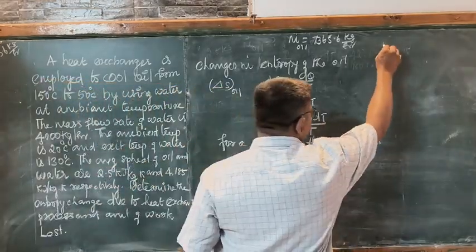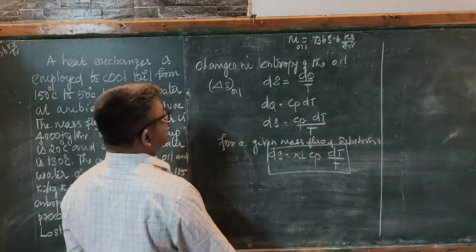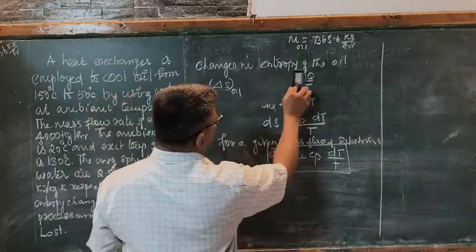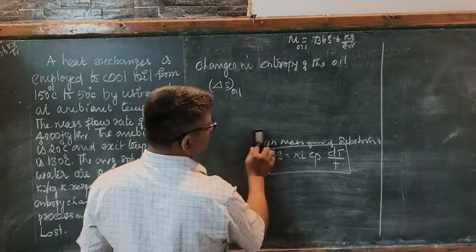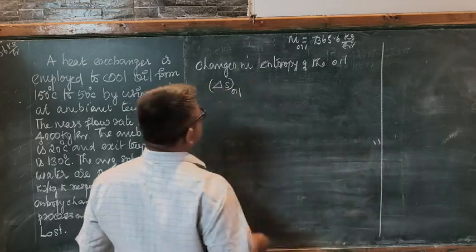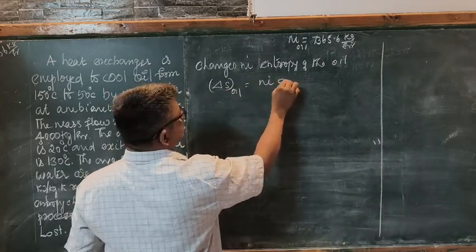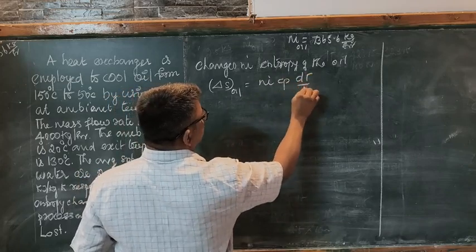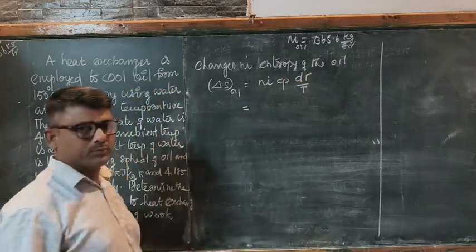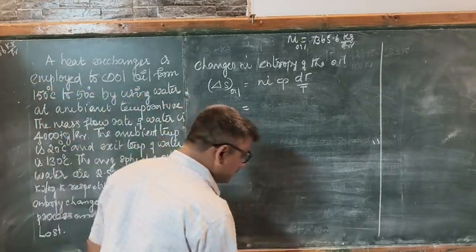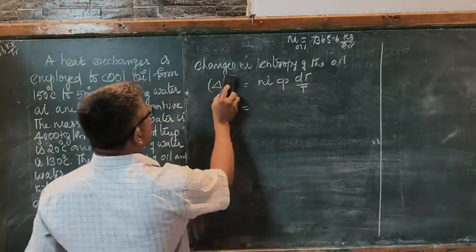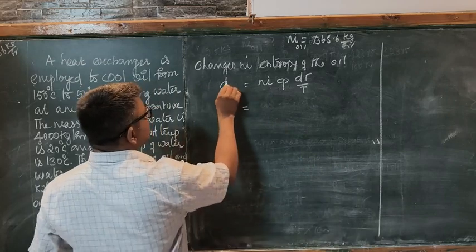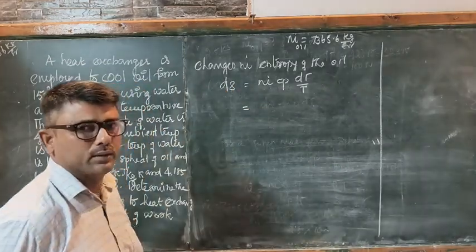Now I am going to find the entropy changes in oil. So m dot Cp dT by T. It should be written in terms of dS, the changes in entropy of oil.